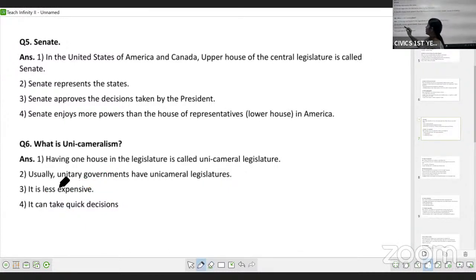It is found in countries where you have unitary government. It is less expensive because elections are held only for the one house, and as there is only one house, the bills are passed by that house, they are not sent to any other house, so quick decisions are taken. That is unicameral legislature.